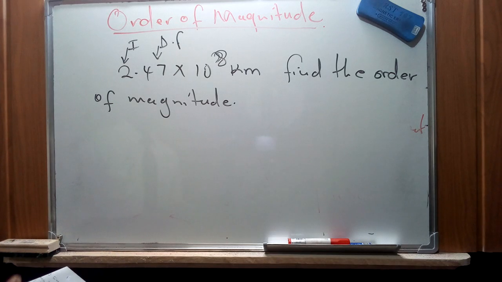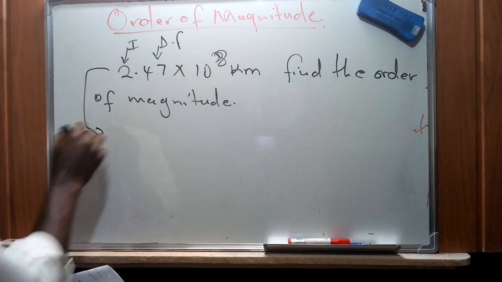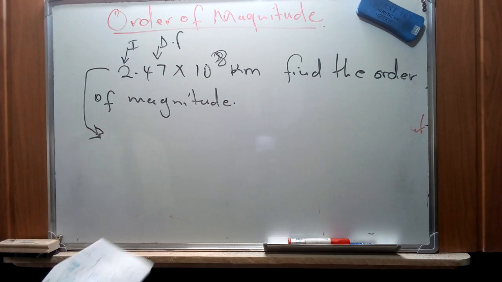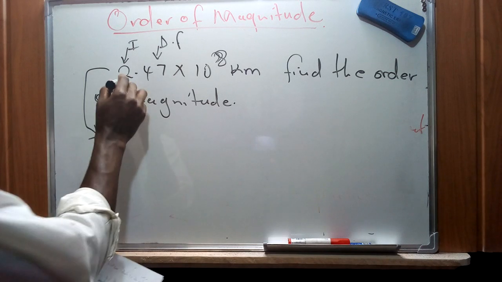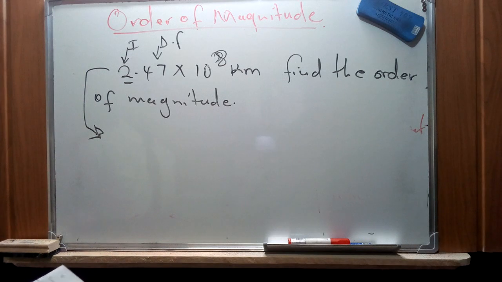When we're trying to express this number in its order of magnitude, we're going to ignore the fractional part, and if the integer part, which is 2, is less than 5, the order of magnitude is the power of 10 given with the number.